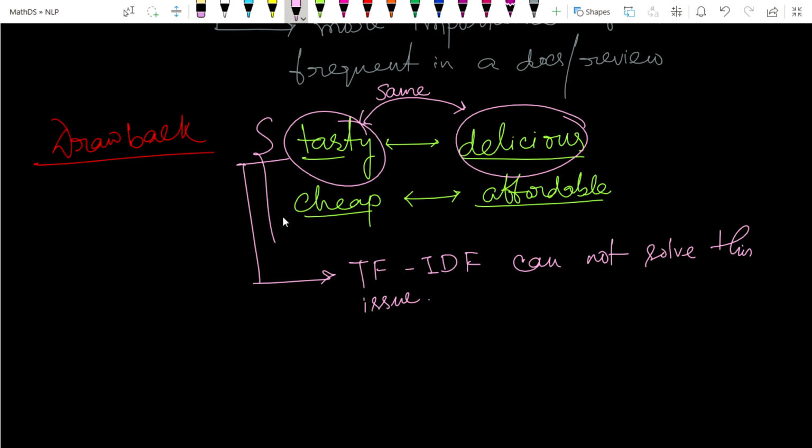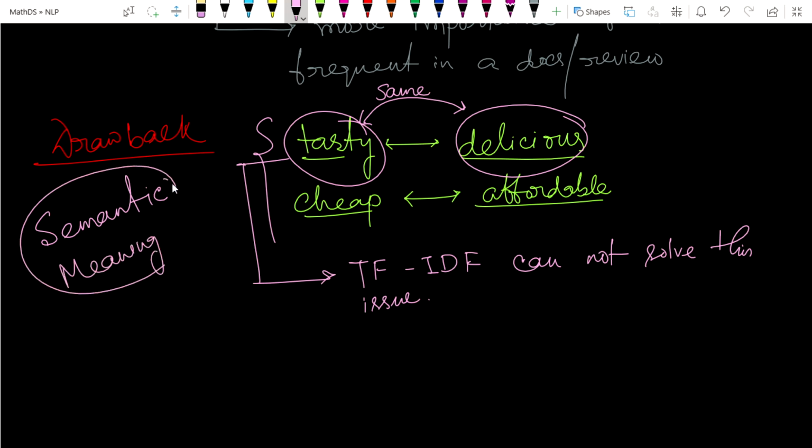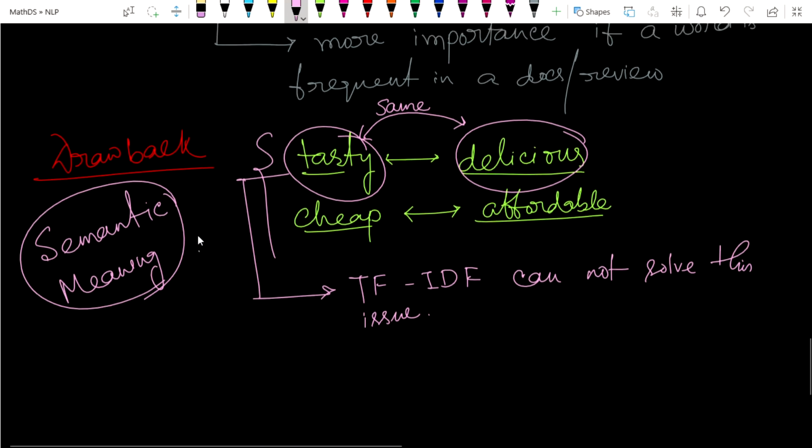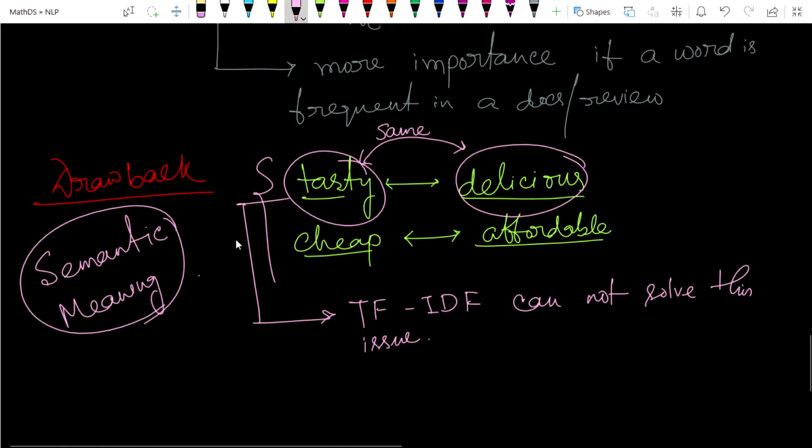You can call this semantic meaning: words with the same semantic meaning cannot be found as semantically the same. These are the main drawbacks of it. We will solve it as well; we have improved techniques like Word2Vec, which we'll see as time progresses. But the main drawback is here: it cannot handle this type of problem.